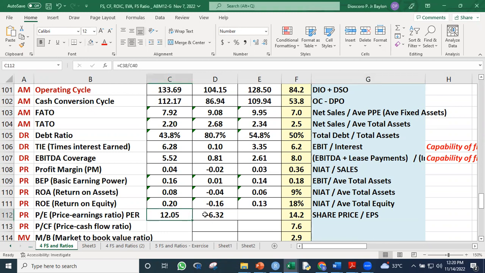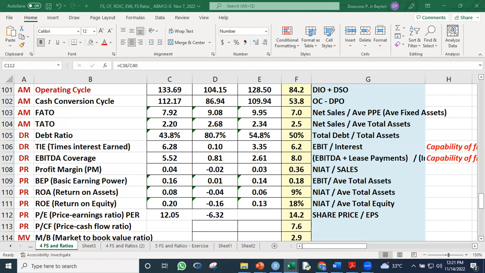While it is true that in isolation our company is better, for every peso of EPS of the direct competitor, we pay 14 pesos, whereas here it's only 12 pesos. So I hope that's clear, guys. The higher the PER ratio, the more expensive the company is.